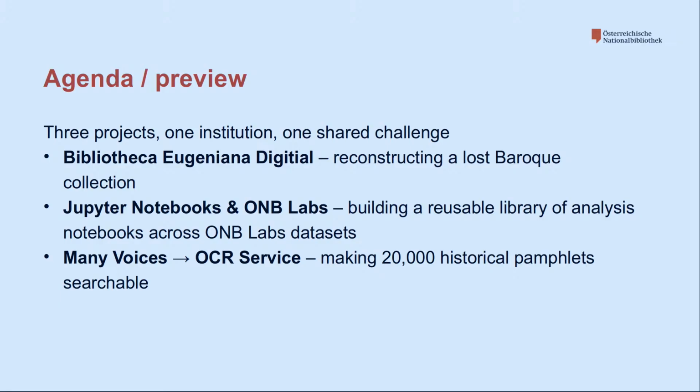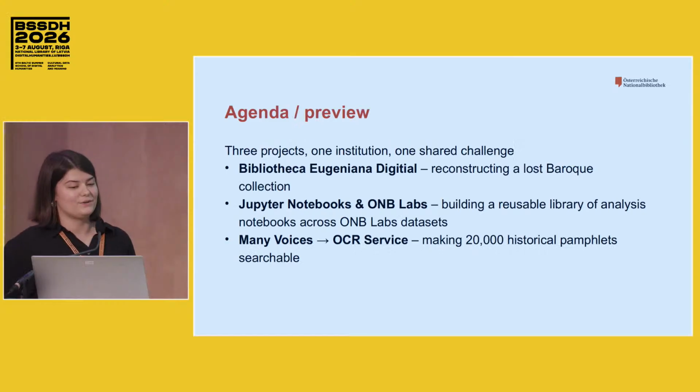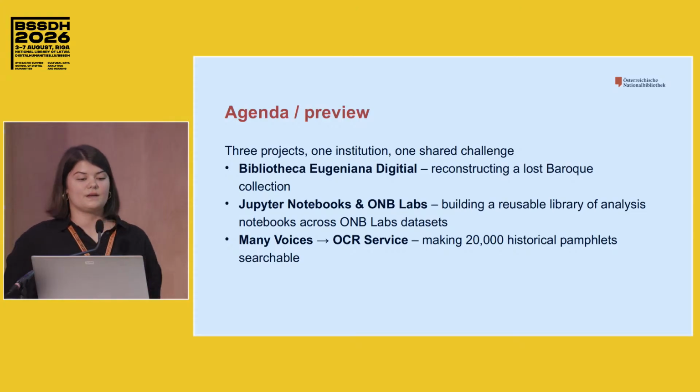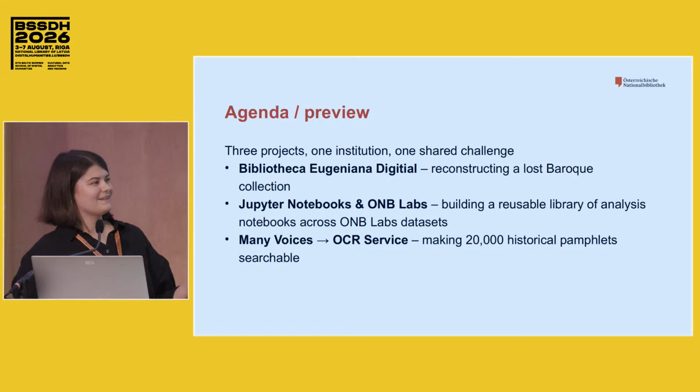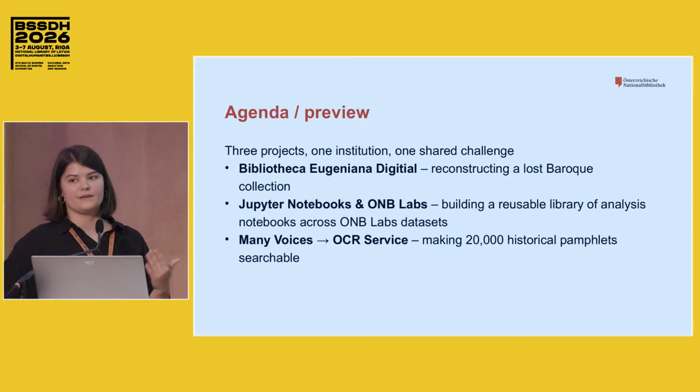First of all, Simon will present the Bibliotheca Eugeniana Digital. It was about reconstructing a lost collection. Then I will continue with the ONB Labs and the Jupyter Notebook projects. And then we will have a short break because everybody is a little bit tired, and you can already ask questions in between because the projects are kind of independent.